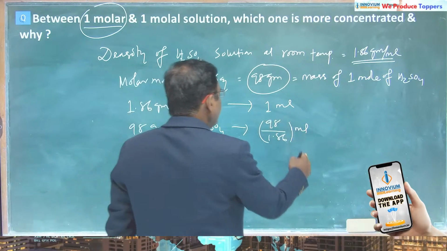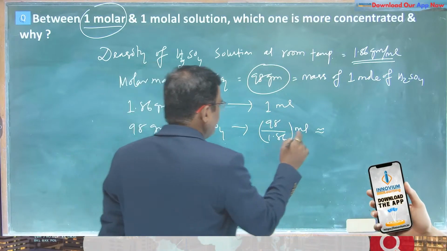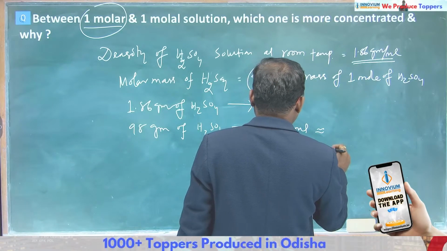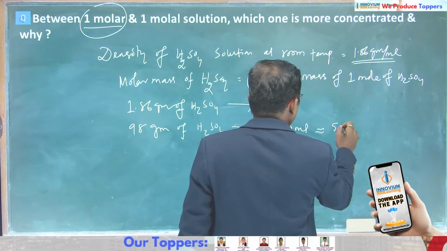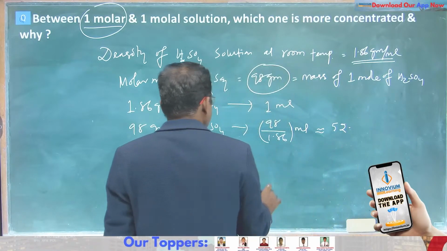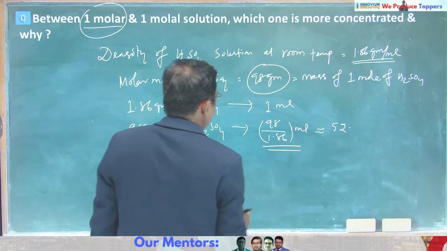On simplifying, you will get a result of around 52 point something. So here this is the volume.